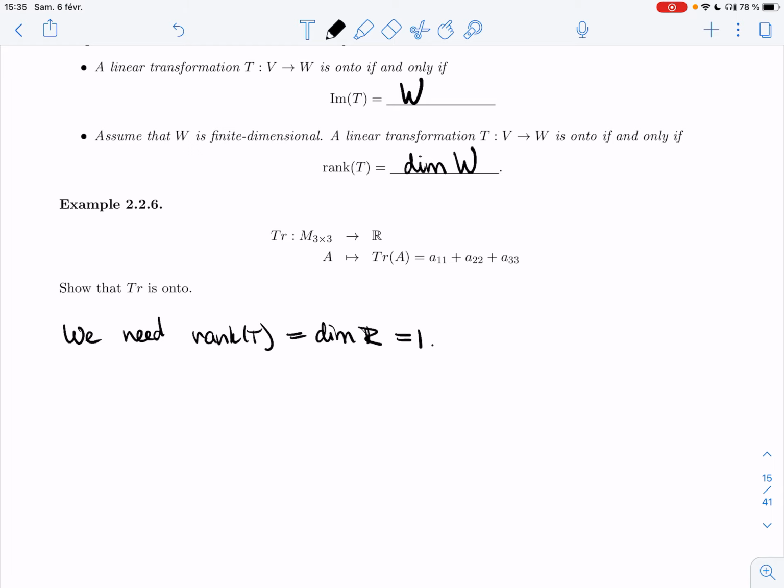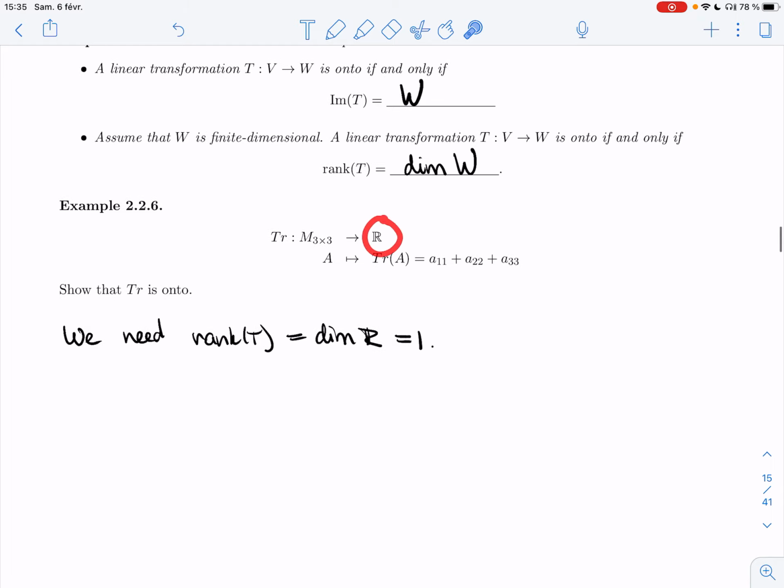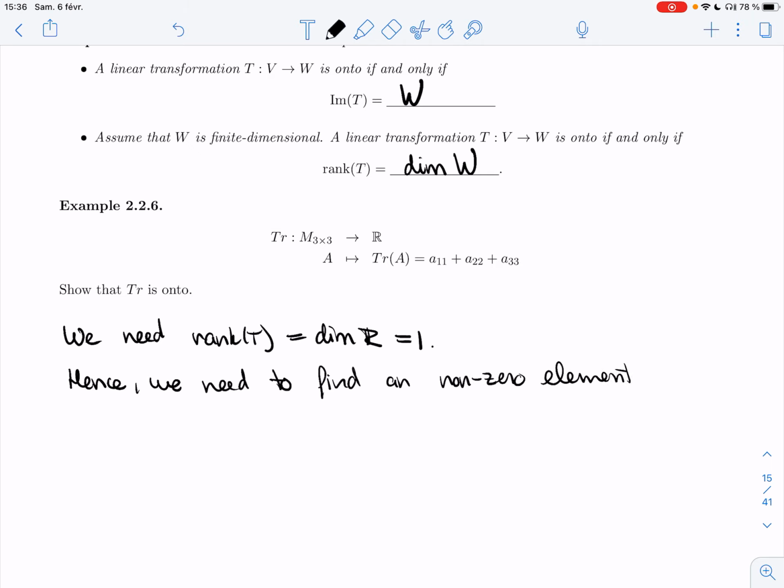Well, it can't be more than 1 because the image is inside R, and so the only other thing it could be is 0. So we just need to find a non-zero element in the image of the trace, just to make sure that it's not just the 0 map.